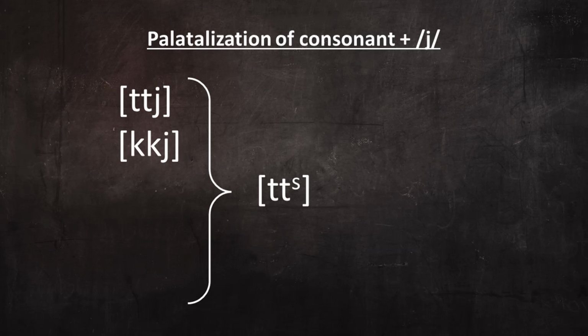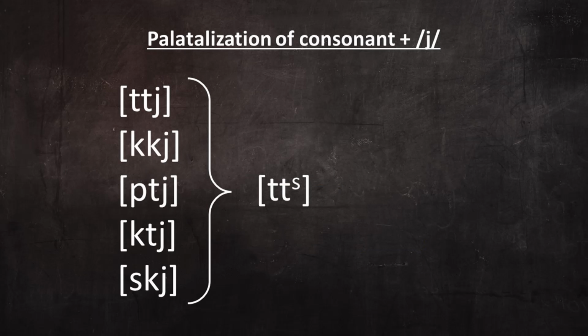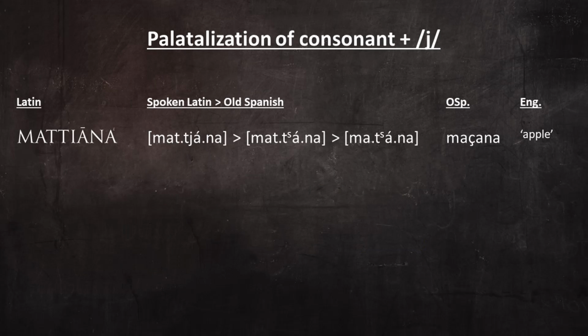Geminate t and k were also palatalized when followed by y, producing in spoken Latin the geminate ts. And in pre-literary Castilian, these 3 combinations also simplified to geminate ts. Later simplification merged all these into simple ts in Old Spanish. So matiana became mazzana, and then mazzana.